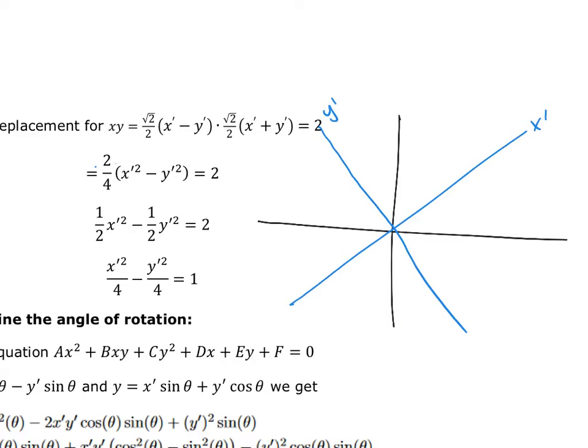From my rotated axes, I'm going to build a box. How far out in each direction do I need to build my box? 2. So on my rotated axes, I go out 2 in each direction, and I build my box. Not a very well-built box, but there's my box.